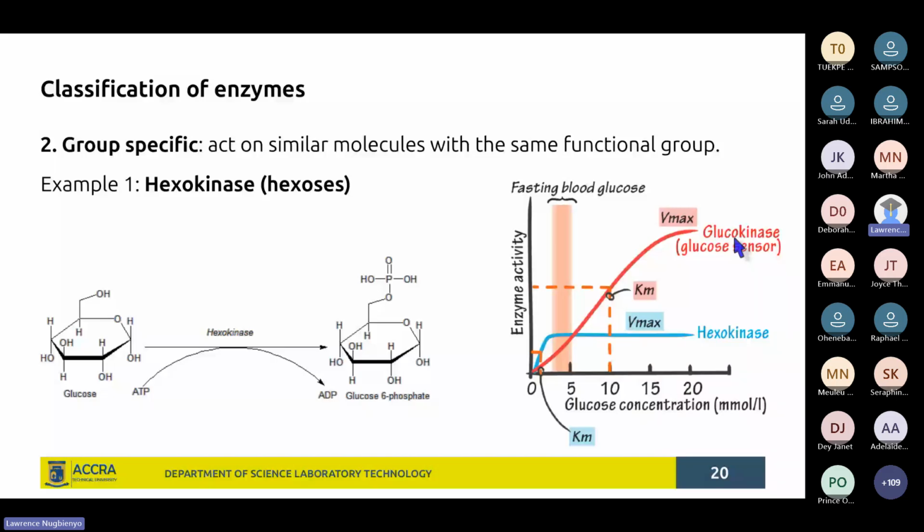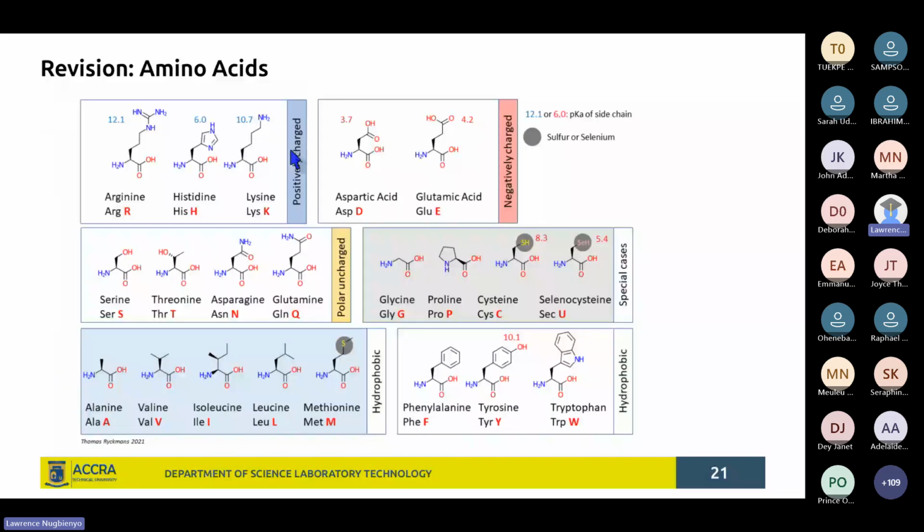All right. Now, I will say that we did proteins and amino acids in first year. So you must revise that. You must revise the amino acids in order to understand certain activities of enzymes when we talk about them.